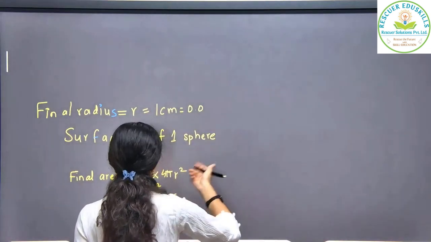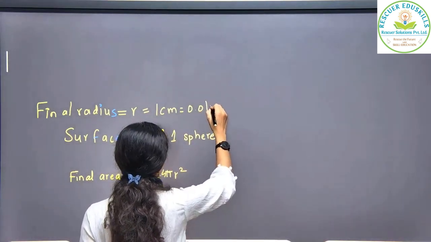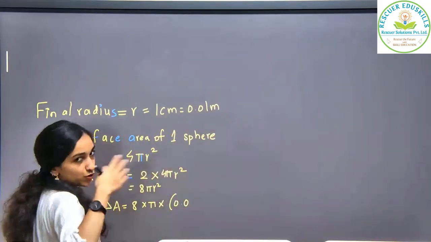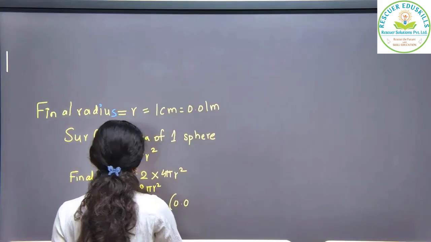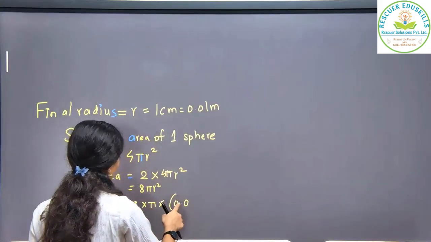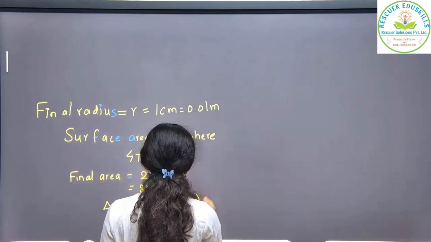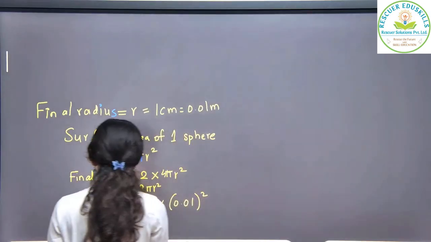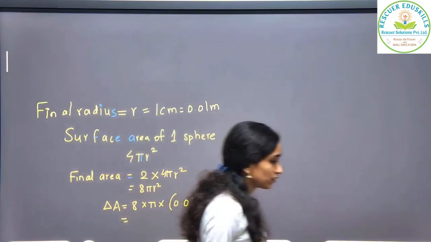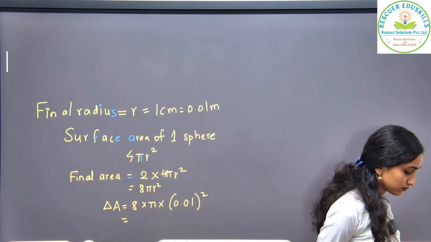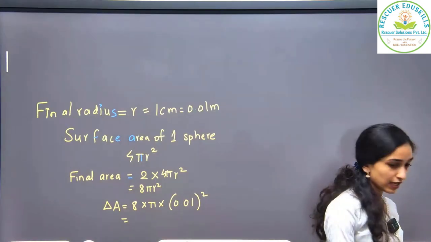You can also make these mistakes like me, so please try to see it. So 1 centimeter is 0.01 meter. Okay. So 8 into pi into 0.01 square. Okay. So calculate this.